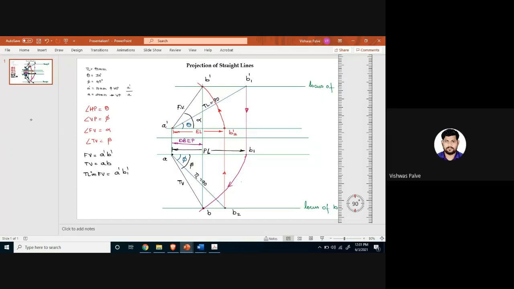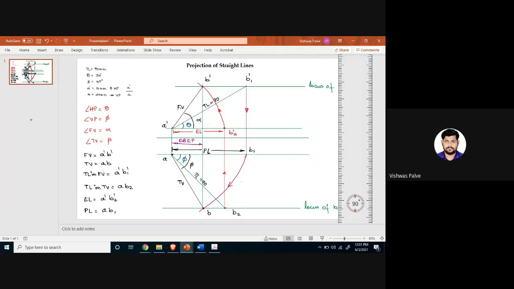True length in top view, A B1. What is the notation for elevation length? A dash B2 dash. Sorry, plan length notation, A B2.